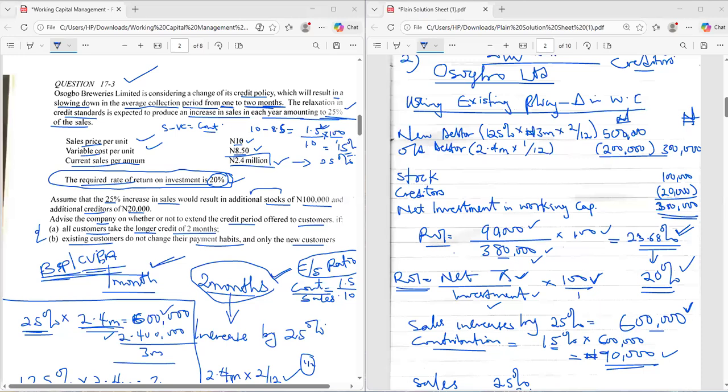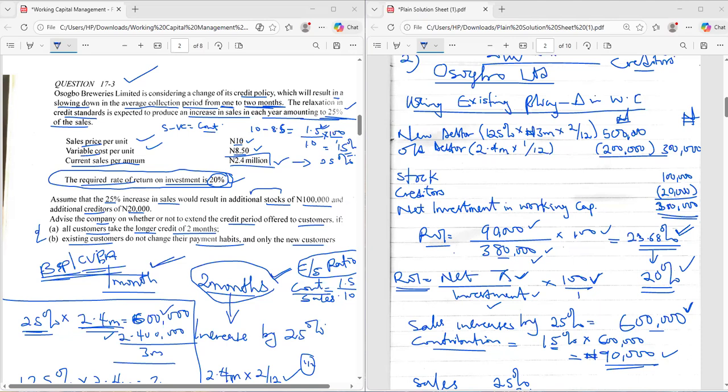Okay. So when they say sales increases by 25%, when sales increases, the profit also increases. When sales decreases, the profit also decreases. The current sales was 2.4 million. When you do 25% of 2.4, that's 600K.